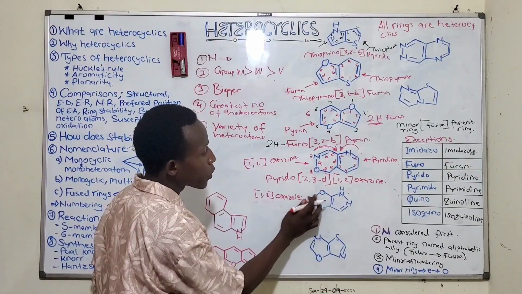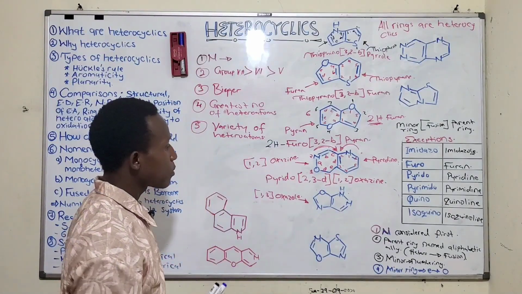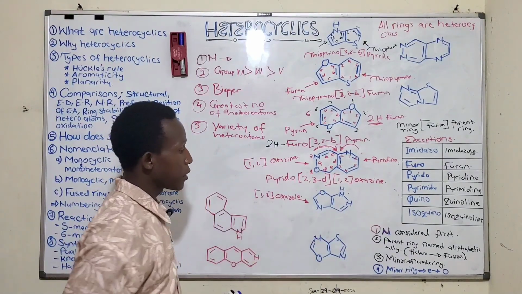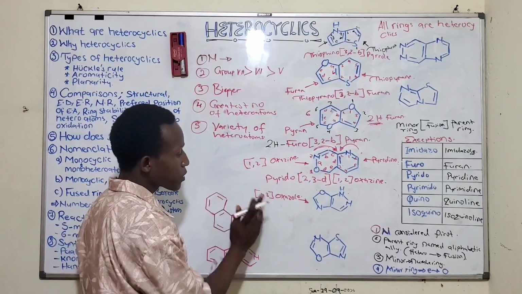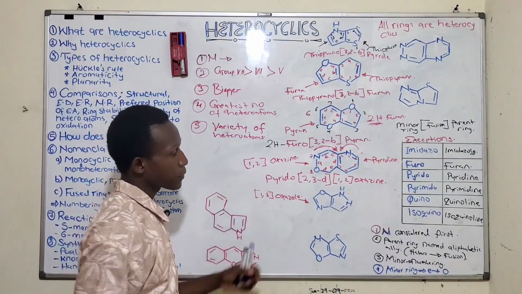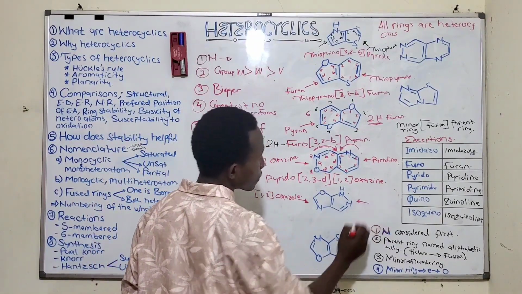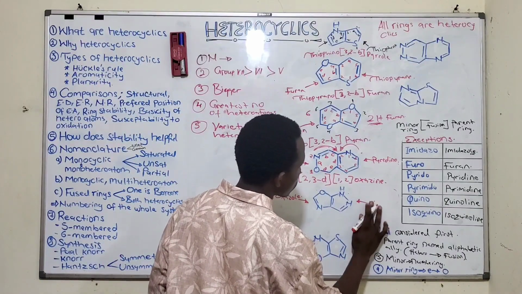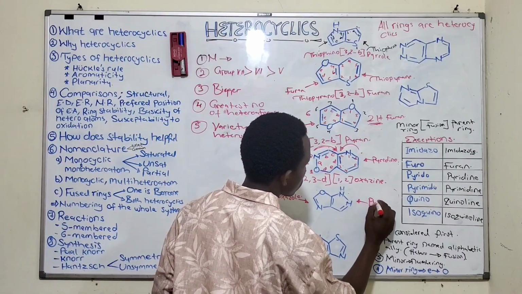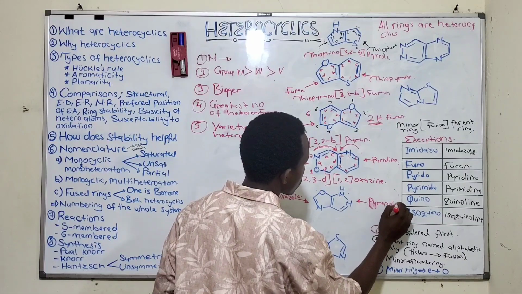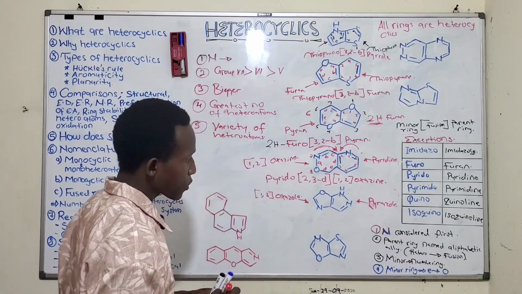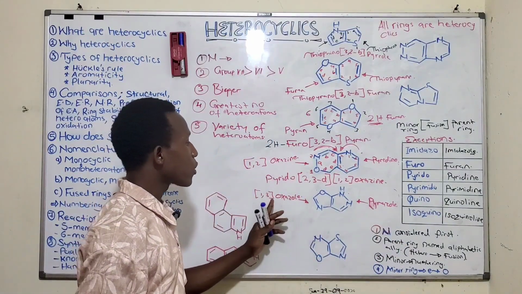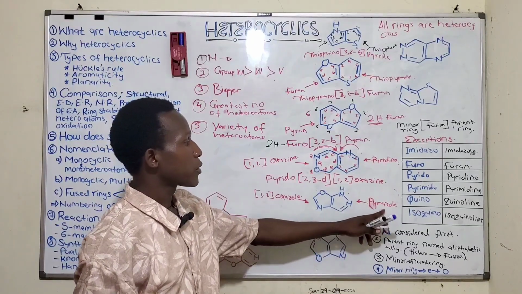In case it is position 1 and 2, that is isoxazo. But oxazo, it is 1 and 3. But sometimes they put the locant. Then this one is pyrazo. So you have oxazo and pyrazo.